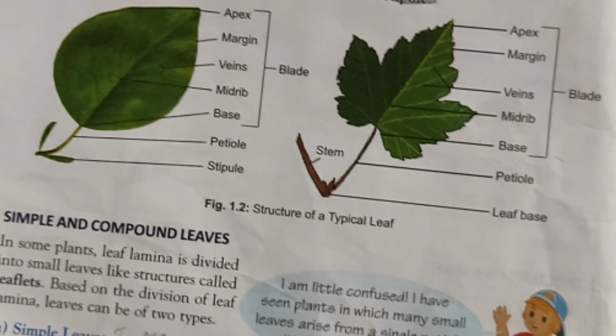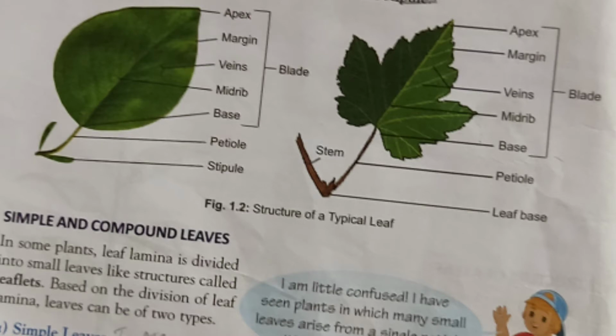The pointed part of the leaf just opposite to the petiole is called the leaf apex. The color of the leaf blade is green due to the presence of green pigment called chlorophyll. It helps in carrying out the process of photosynthesis to prepare food.